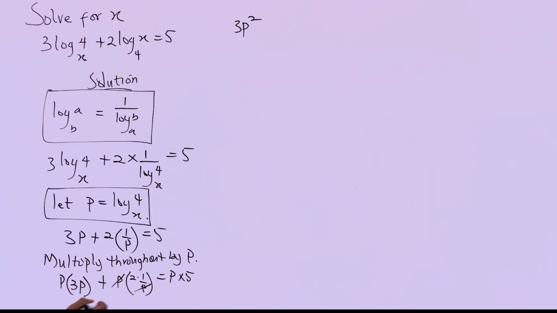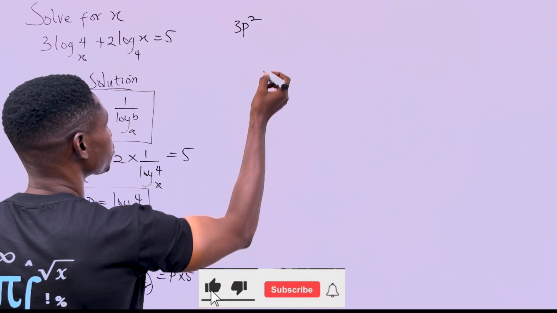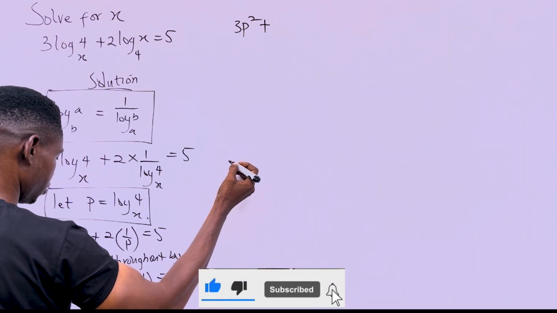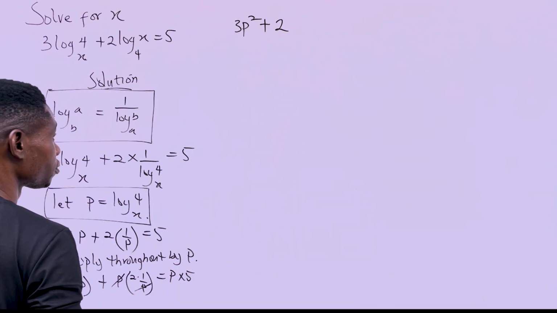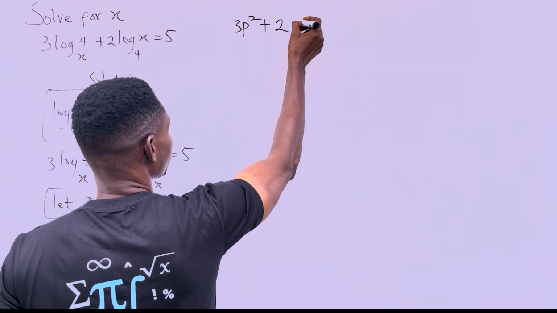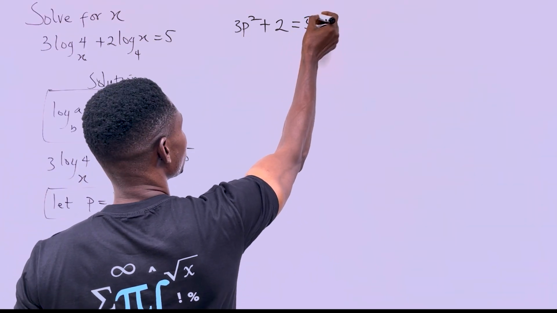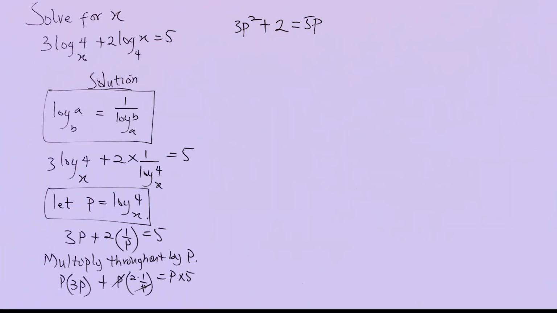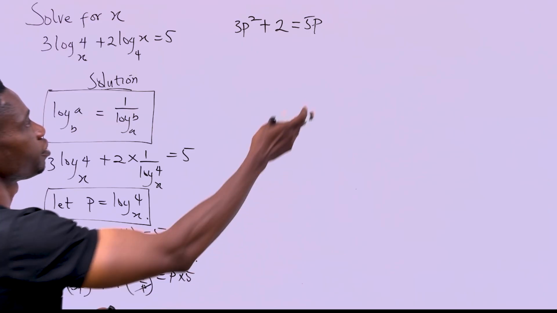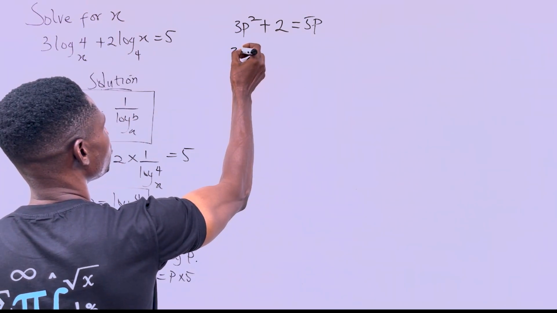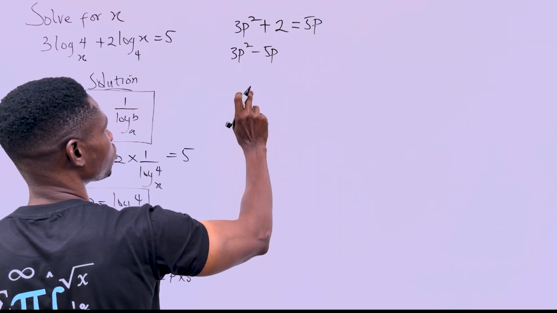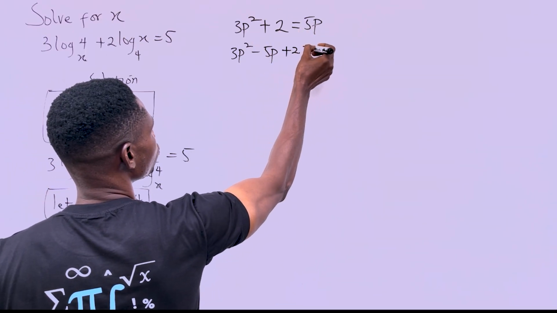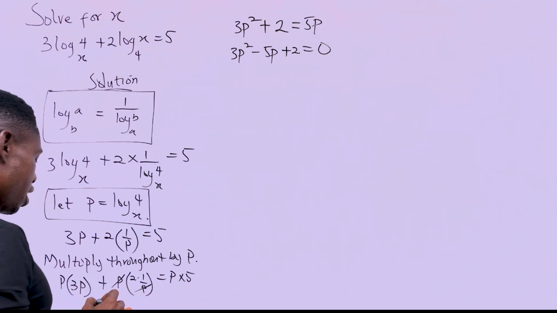So this p cancels this p. Plus 2 equal to 5p. Okay, so we can rearrange this. So we'll have 3p squared minus 5p. This 5p comes in to be minus 5p plus 2 equal to 0.